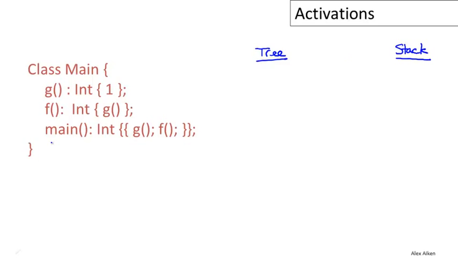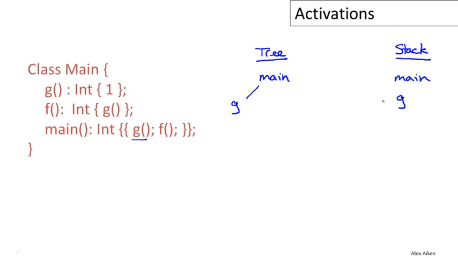So the tree we already saw how to build, and we begin by executing main, so that will be the root of the tree. And since the stack is supposed to have all of the currently running activations, the stack will have to have main on it. So it'll begin with just the procedure main. And now main calls G, and so G becomes a child of main, and over here on the stack, we would push G onto the stack.